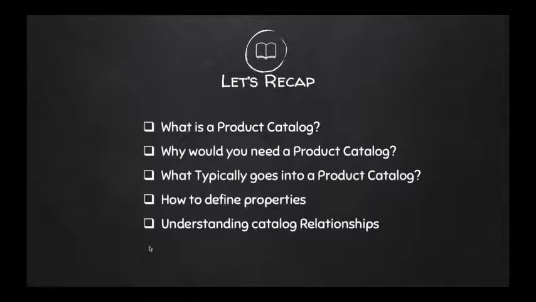Typically it goes into a product catalog: products, inventory, some type of item or inventory system, or items that you want to put in a system where you can catalog them by categories and keep track of different information. Defining properties, we've looked at how to break down the individual properties of each component of our catalog. And then we've looked at the different catalog relationships.